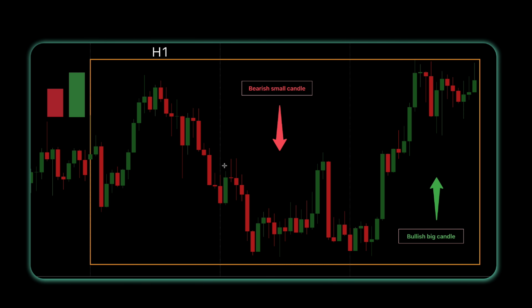Basically, this is a representative of a daily candle in a 1 hour chart. These lines are daily separating lines. So the day started here and ended here, and it started here and ended here. Again, this is a red bearish candle that you are seeing here, followed by this bullish engulfing candle, which is this candle.